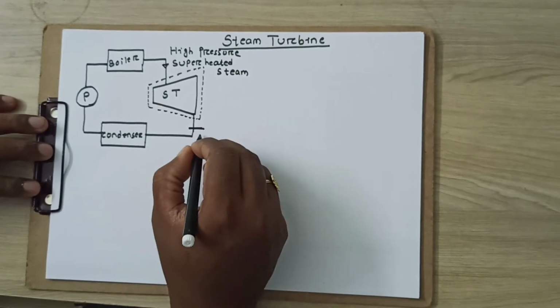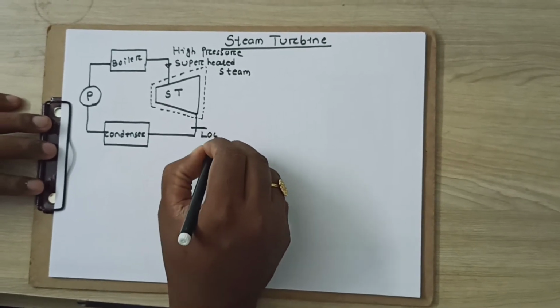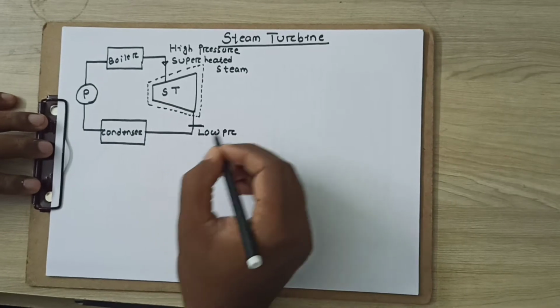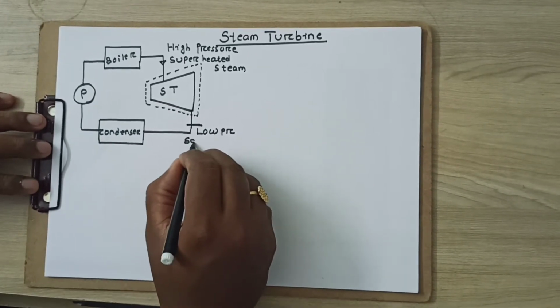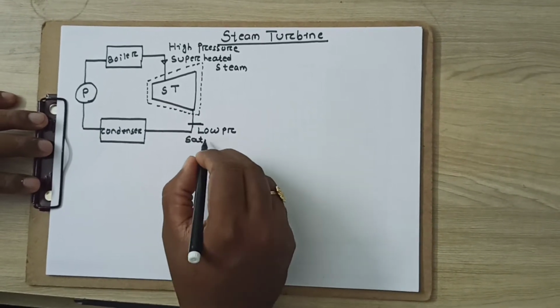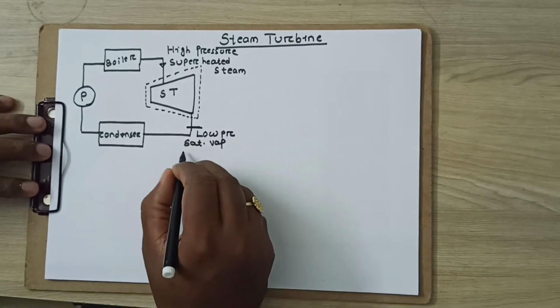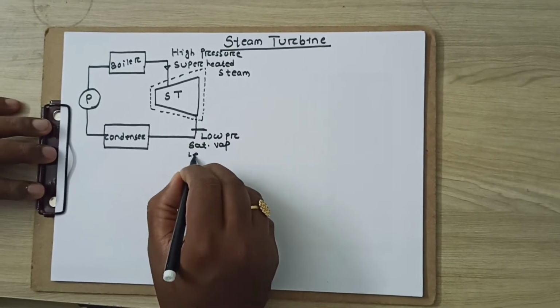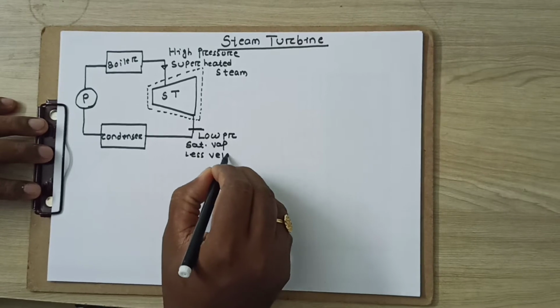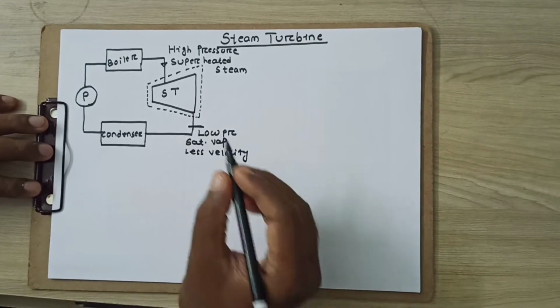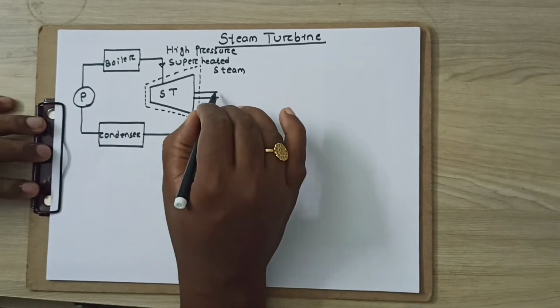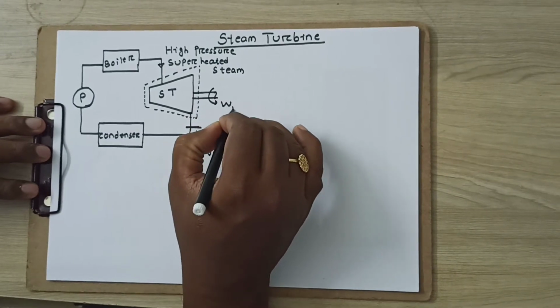The pressure is being reduced, it will be low pressure saturated liquid, saturated vapor, and very less, negligible velocity. This is the exit condition of the steam, and we extract some work output.